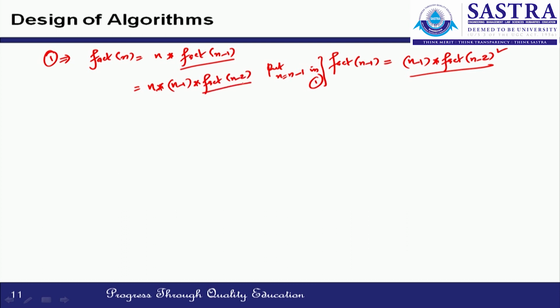Now in this equation, fact of n minus 2 is a recursive call. To find the value of fact of n minus 2, substitute n is equal to n minus 2 in equation 1.